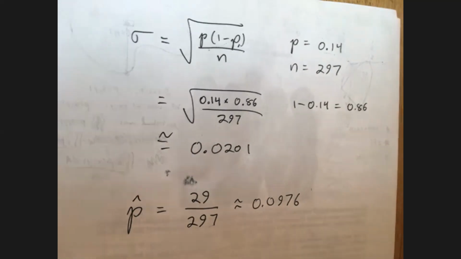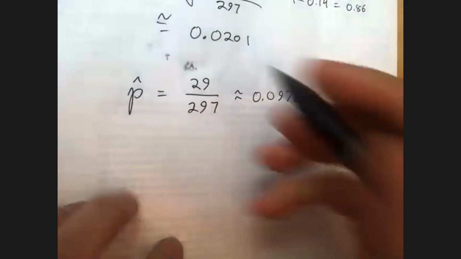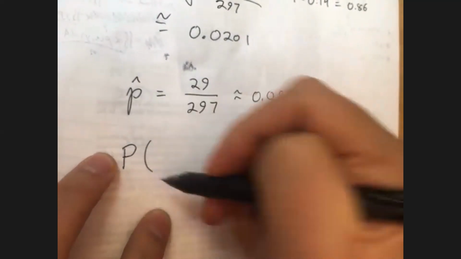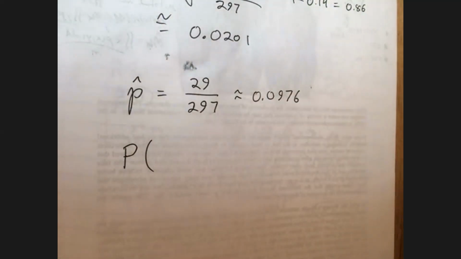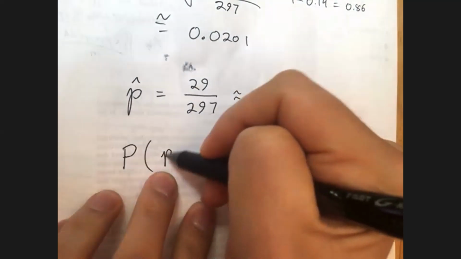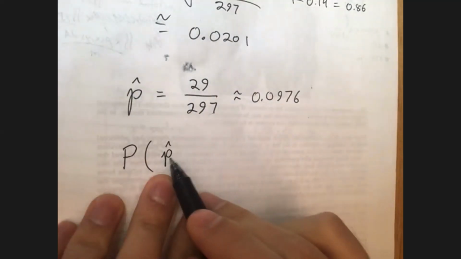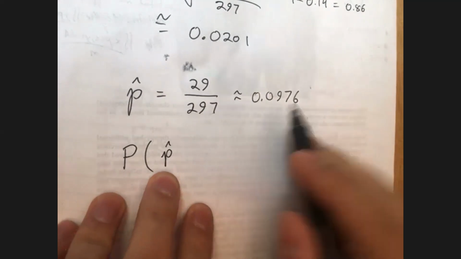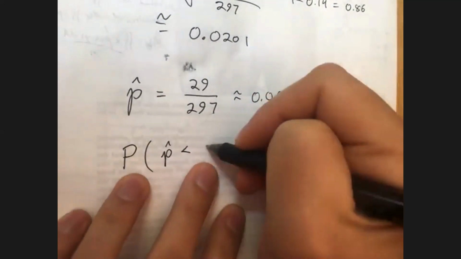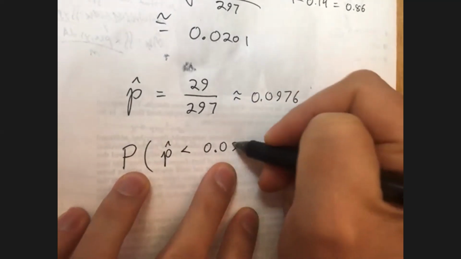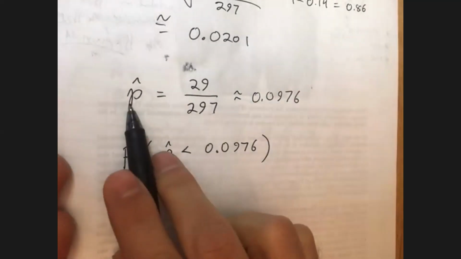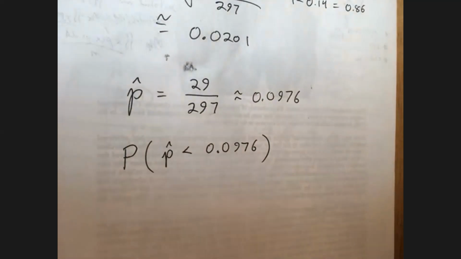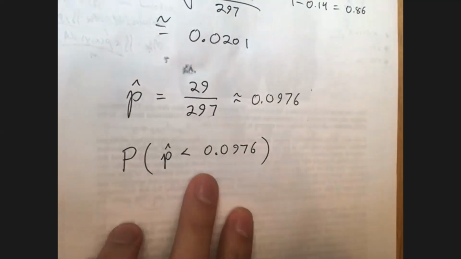What we were looking for in that problem is the probability of measuring a different sample proportion less than this 0.0976. This is one sample proportion, but if you go out and take another sample, you'd get a different one. You get all kinds of sample proportions. They vary from sample to sample.